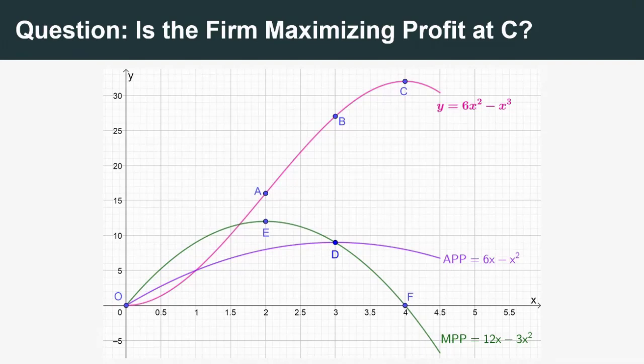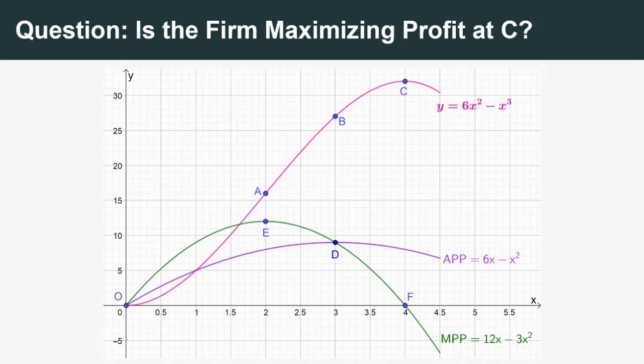At point C, the winner of that yield contest reached the maximum output. But the question is, if the producer is actually going for profit, will that maximum output or maximum yield lead to maximum profit?